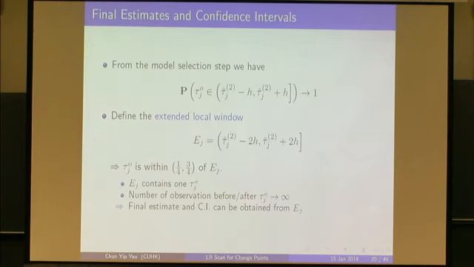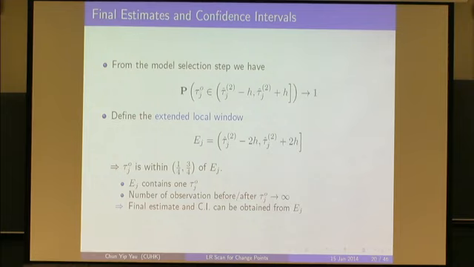So now we know that the true one is within the h neighborhood, and what we can do is introduce the extended local window, not just minus and plus h, but minus 2h and plus 2h. With the extended local window, I can have this true value within the middle part of the window.